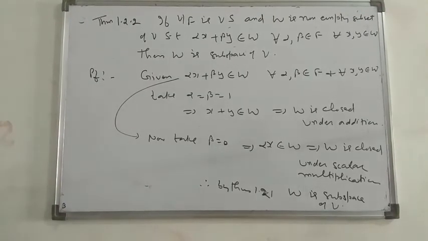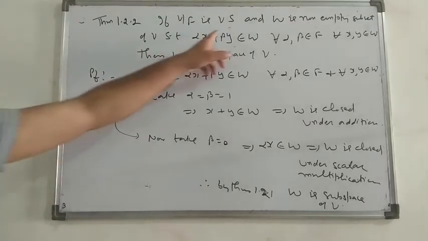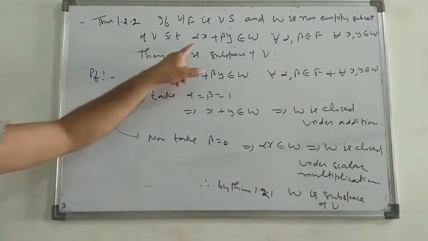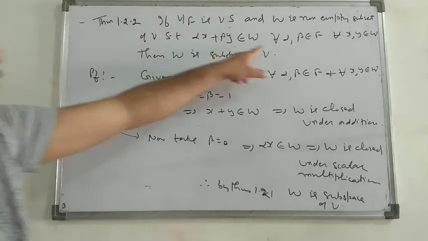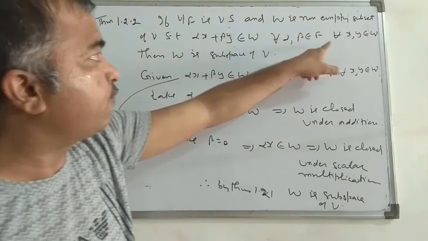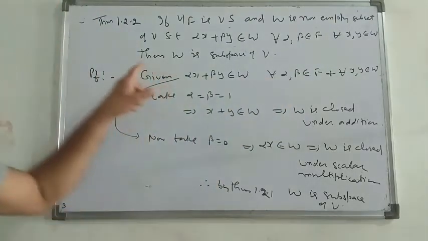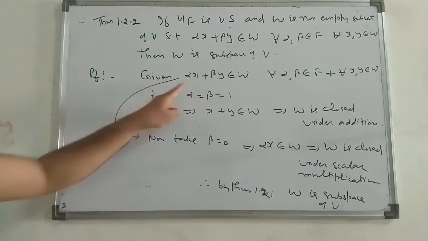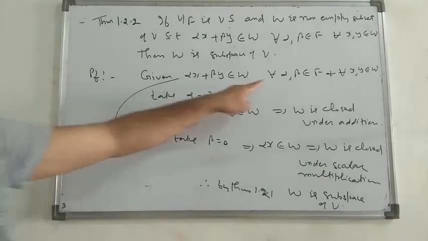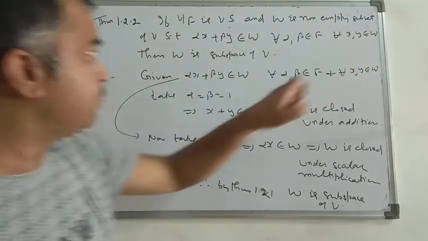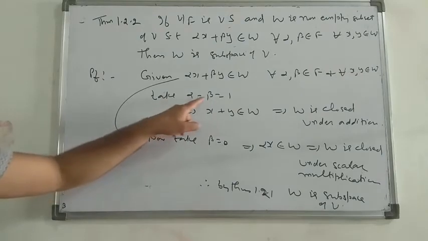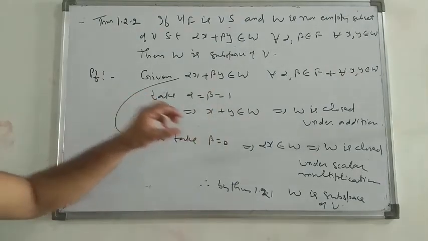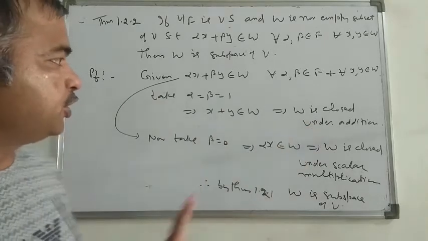Next, theorem 1.2.2: If V over F is a vector space and W is a non-empty subset of V such that alpha x plus beta y belongs to W for all alpha, beta belonging to F and for all x, y belonging to W, then W is a subspace of V. Proof: We are given alpha x plus beta y belongs to W for every alpha, beta in F and x, y in W. First of all take alpha equal to beta equal to 1, we get x plus y belongs to W. It means W is closed under addition.